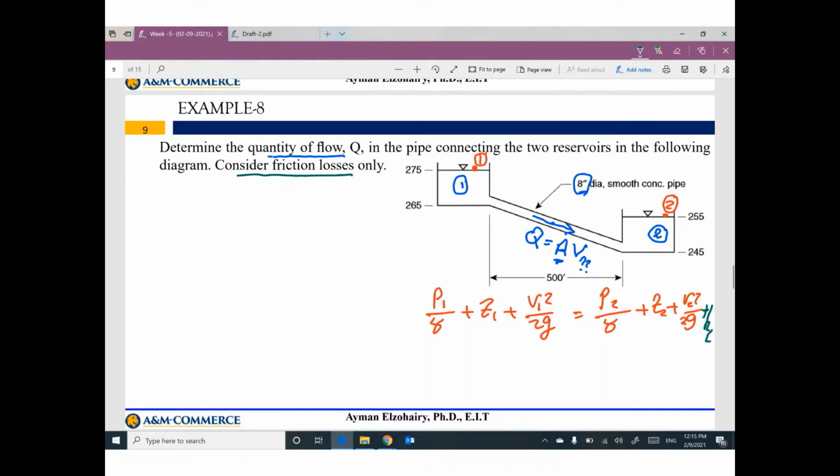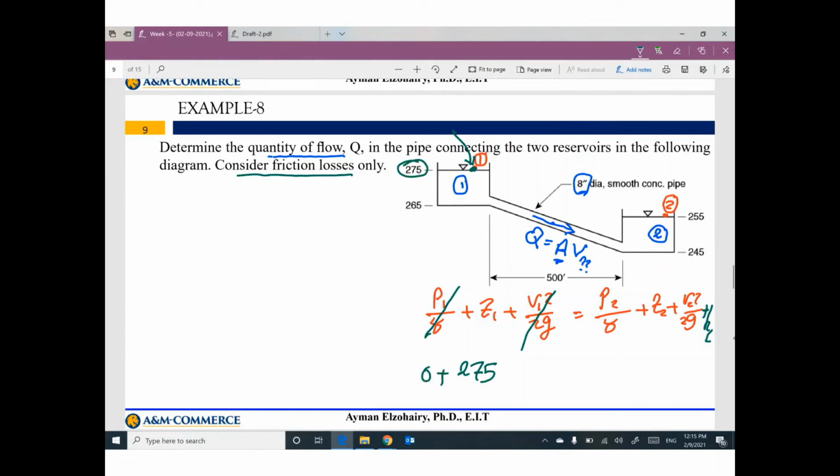Does that make sense? I believe surface number 1, under the effect of air, we don't have pressure. I believe surface number 1 is the surface of a tank, which is very, very slow. We don't have velocity. The elevation of surface number 1, 275, is given.